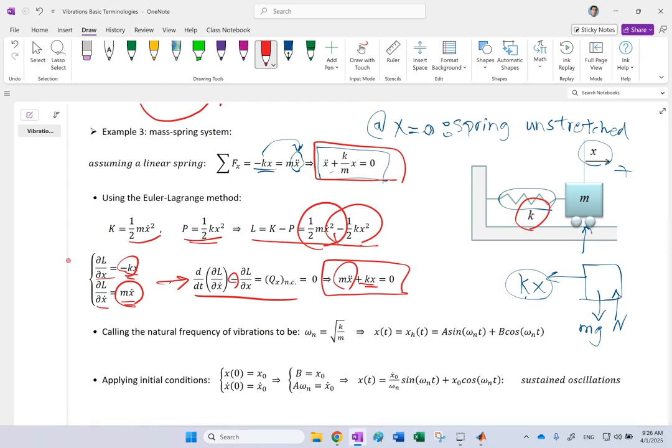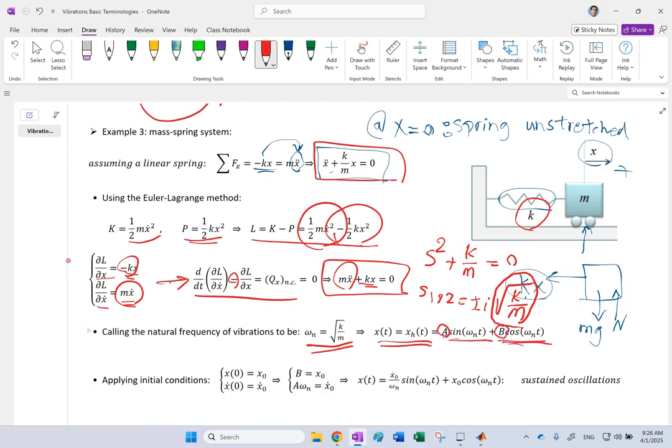Now, again, if you want to solve, you have to find the characteristic roots, which in this case is s squared plus k over m equals 0. So you see the solutions are plus minus i times the square root of k over m. So again, this square root of k over m is going to be your natural frequency. And your solution, which is only a homogeneous solution, is going to be a sine omega nt plus b cosine omega nt.